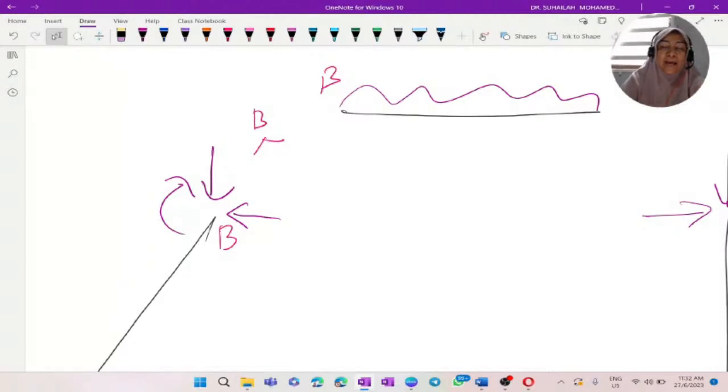What actually occurs at joint B is that we will have opposite forces, and the moment is opposite as well.